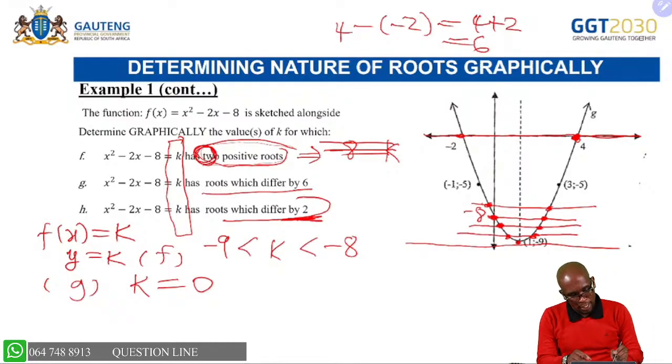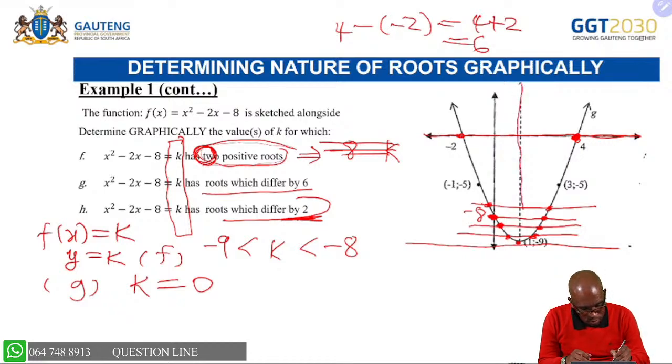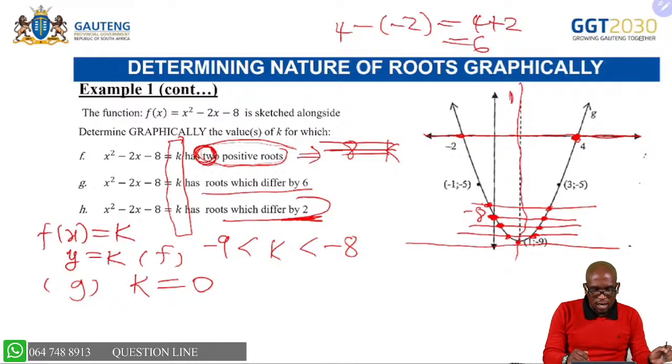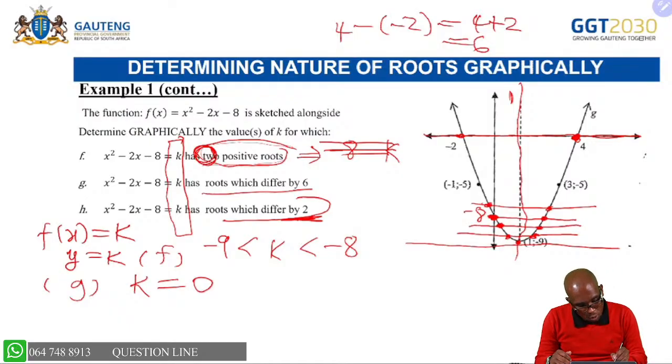But if you check the y-intercept and the axis of symmetry, remember the axis of symmetry is x equals 1. What is the value of x at the y-axis? When y is minus 8, x equals 0. So you are moving from 0 to 1.